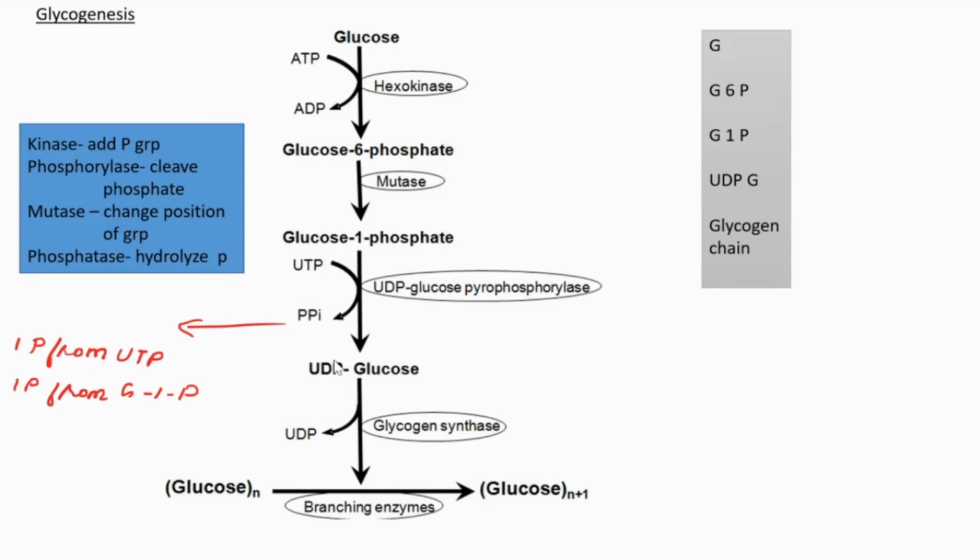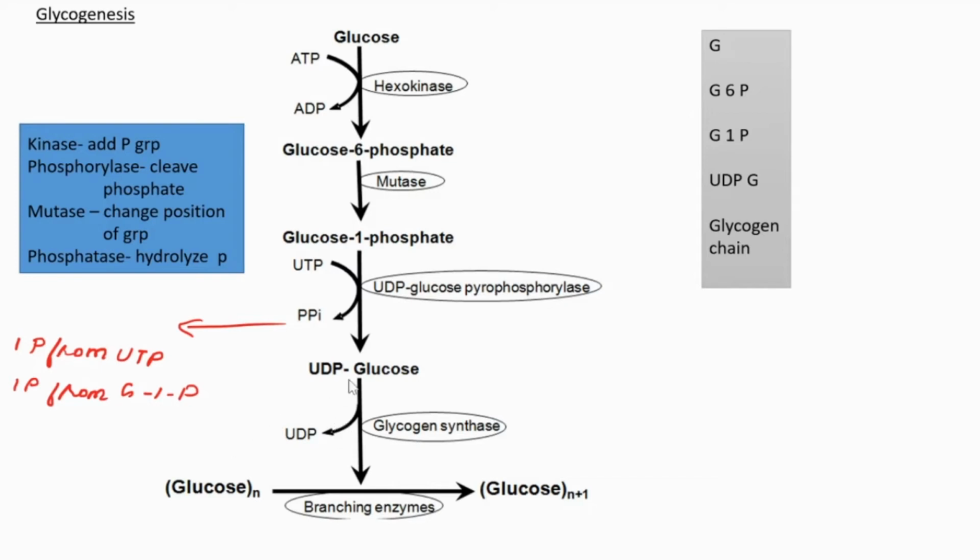For that we need to remove the UDP. UDP is removed, and from this UDP, UTP is replenished by taking one phosphate from an ATP molecule.